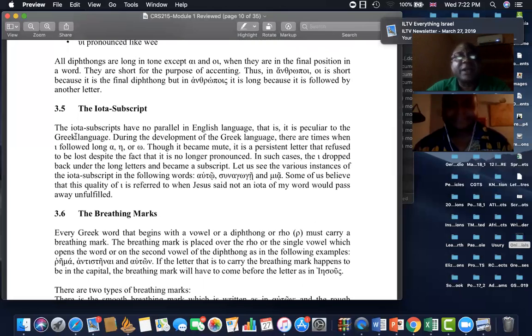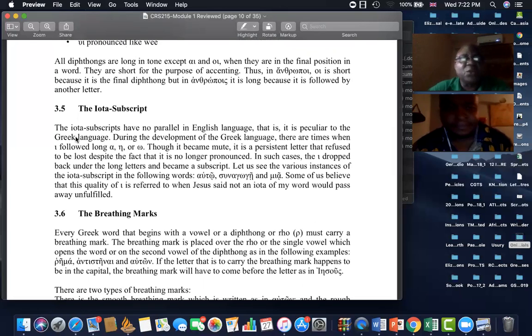Now, another thing you need to know is what we call the iota subscript. You remember that we have a vowel called iota. As the Greek language was developing, it came to a time that when iota was followed by alpha, eta, and omega, iota became mute.